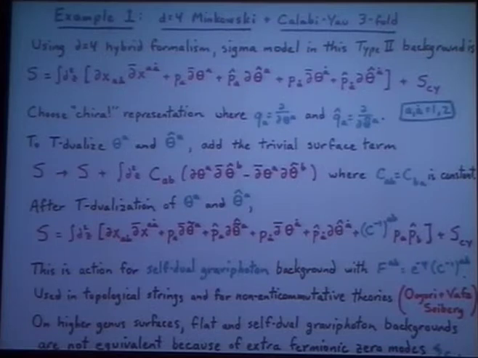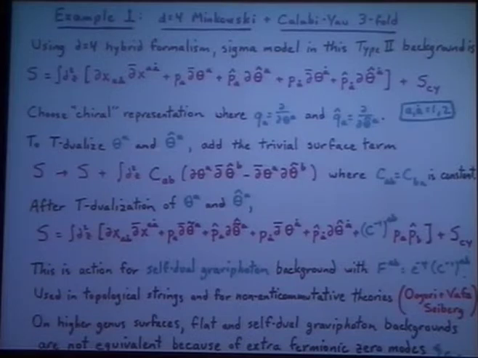Okay, so it's convenient to choose a chiral representation for the N equals 2, D equals 4 supersymmetry, in which the chiral supersymmetry generators are just d/dtheta and d/dtheta hat. Once you do that, these, of course, are abelian supersymmetries because the square of these is 0, which means we can now T-dualize with respect to theta A and theta hat A. So we're not going to do anything to the anti-chiral theta.